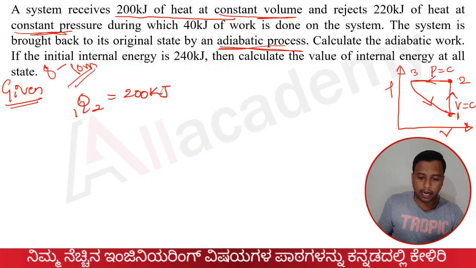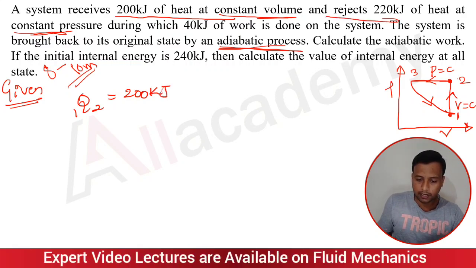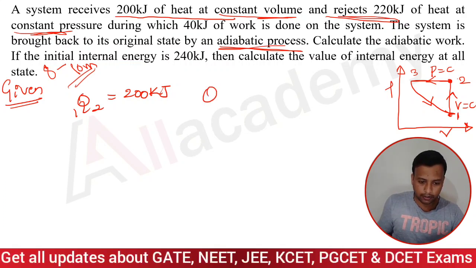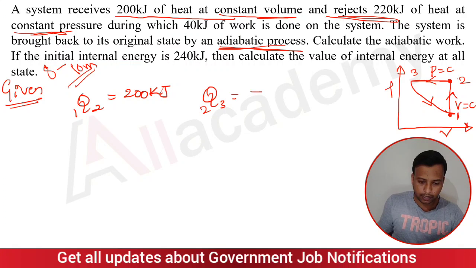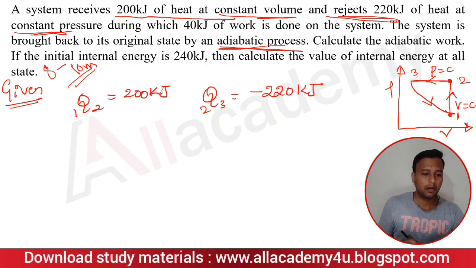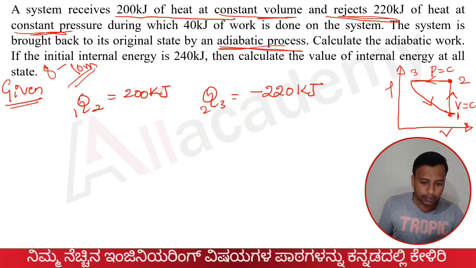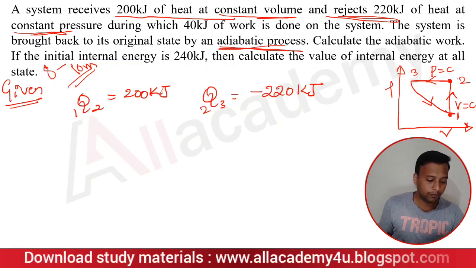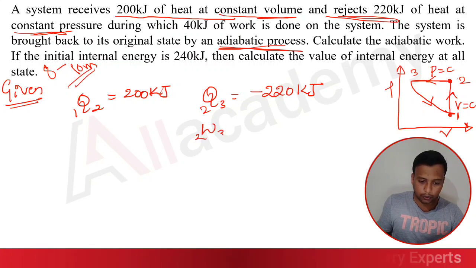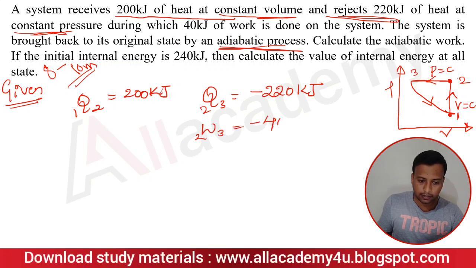Similarly, it rejects, which means heat is given out, so for the second process Q2 to 3 is minus 220 kilojoules at constant pressure, during which 40 kilojoules of work is done on the system. Work done on the system is a negative quantity, so work 2 to 3 is minus 40 kilojoules.